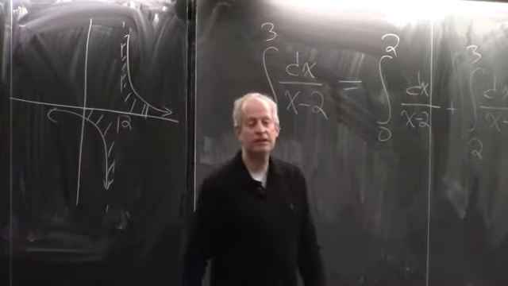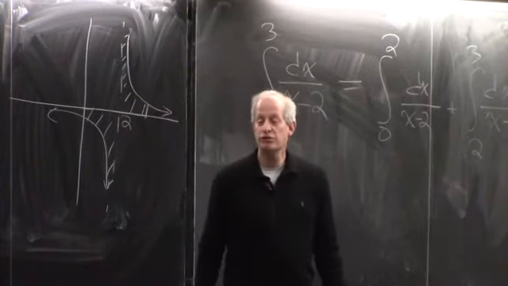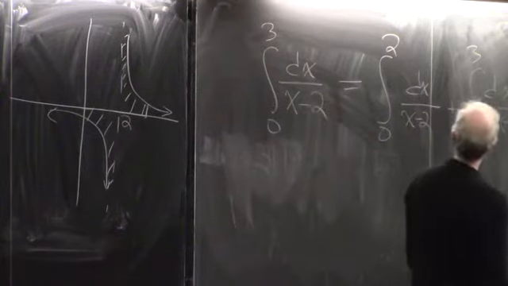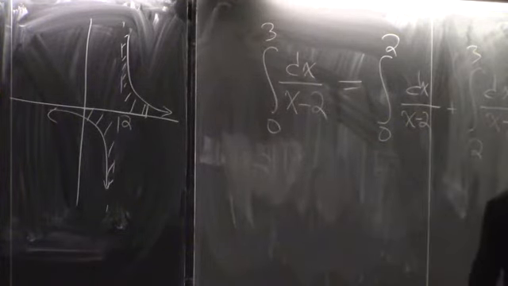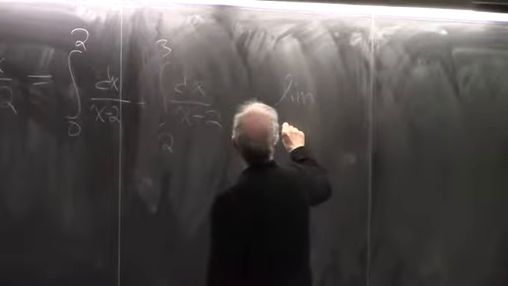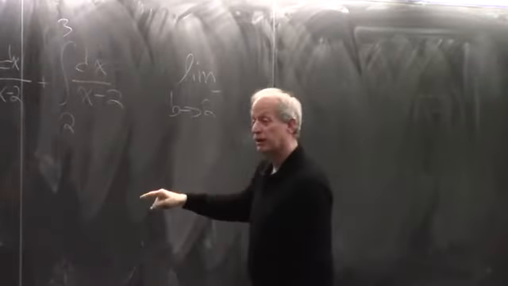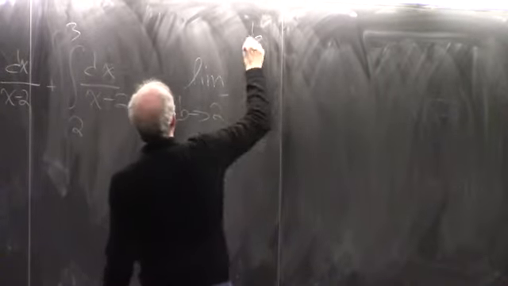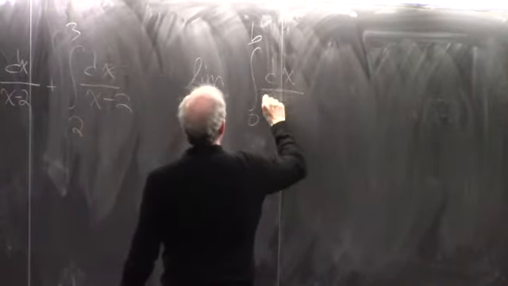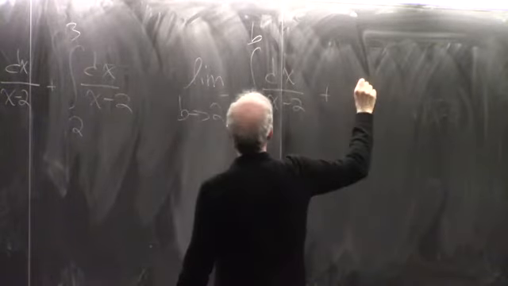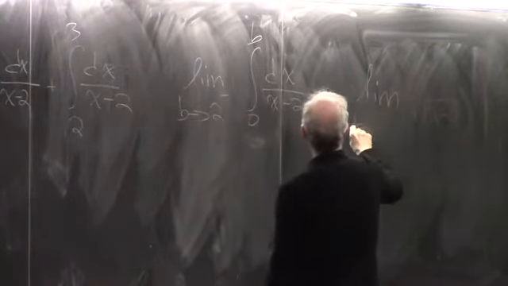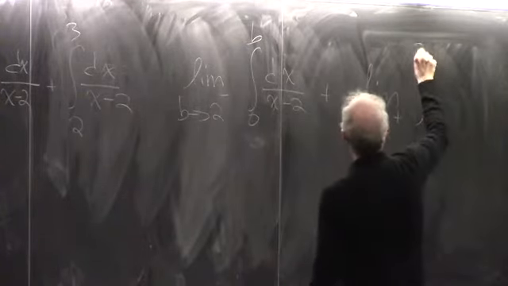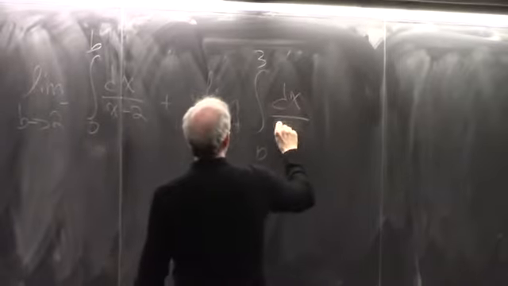How about B for Bernie. Okay, so the limit as B goes to 2 from below, from the left side, of the integral from 0 to B, dx over x minus 2, plus the limit as B goes to 2 from the other side of the integral from B to 3, dx over x minus 2.